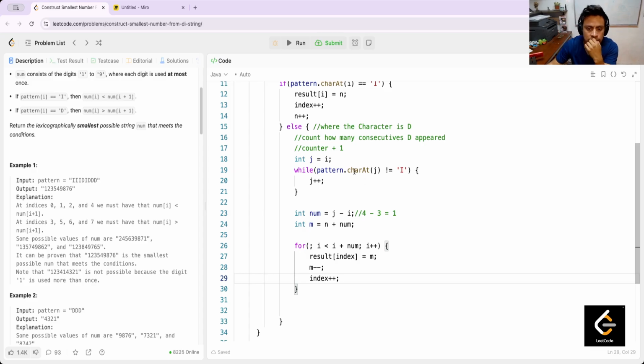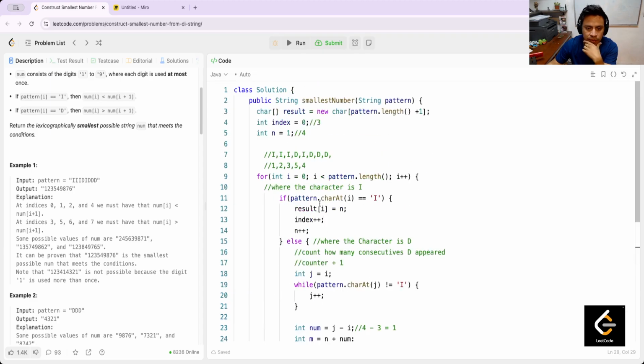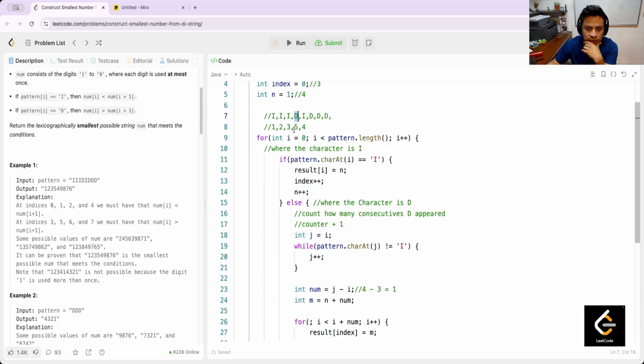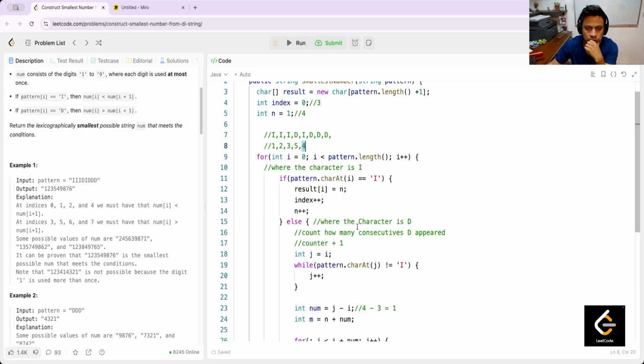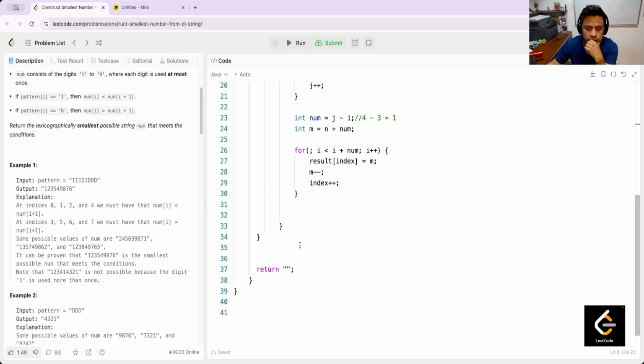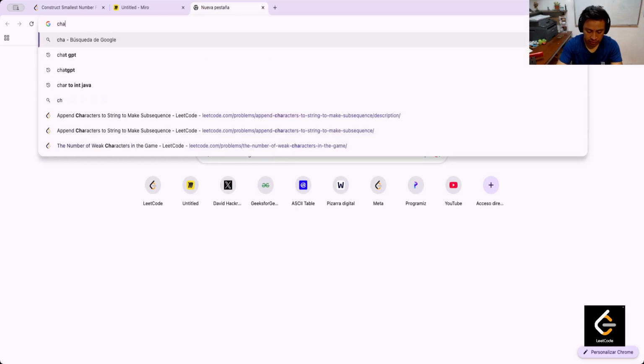Now and decrease. For example, in this case, it's only one. Is that is the current number 4 plus 1 is 5. Okay, 5, 4, and here are string.